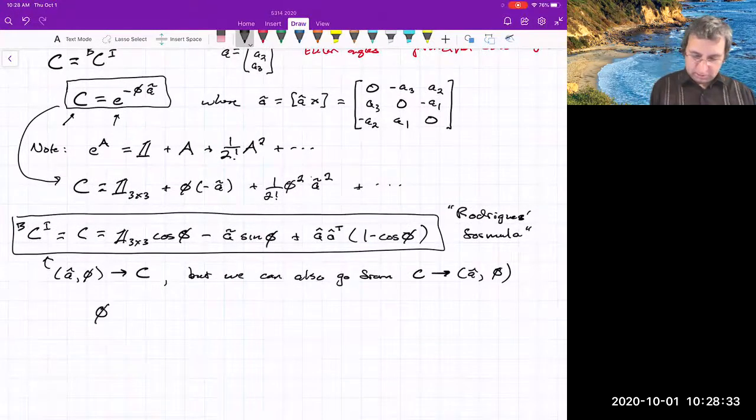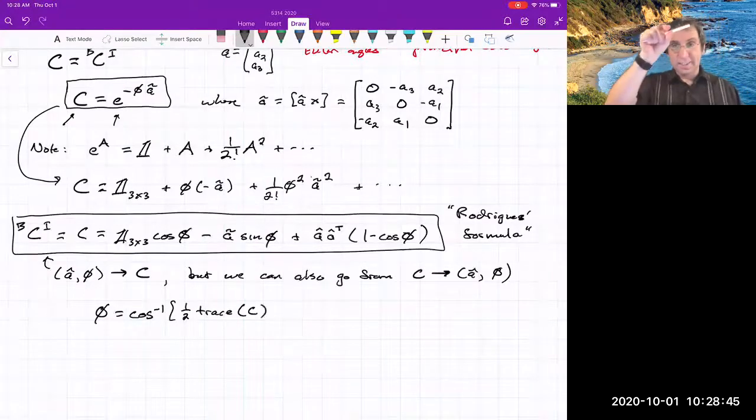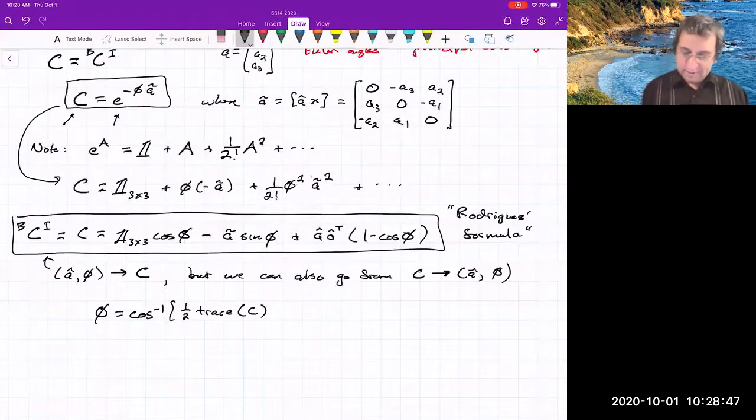This is the formula. The angle is inverse cosine of 1/2 times the trace of your matrix C minus 1. Remember what the trace is? It's just the sum of the diagonal elements. That's the angle.